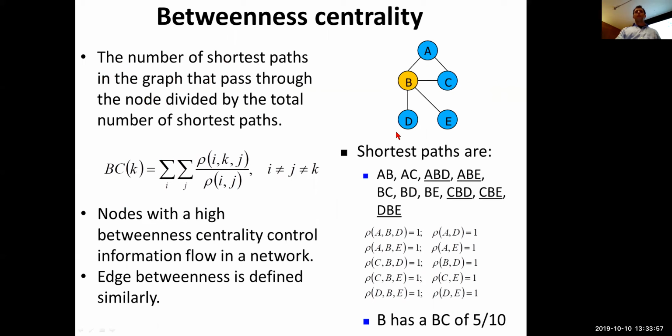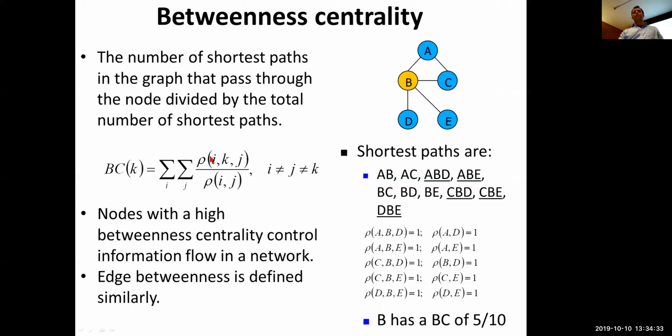So the betweenness centrality for some particular node K can be the sum over all sources and the sum over all targets that are not K or not the same as each other, of the number of shortest paths that go from I to J through K, divided by the total number of shortest paths between I and J. Who's 100% with me on this formula? Awesome.